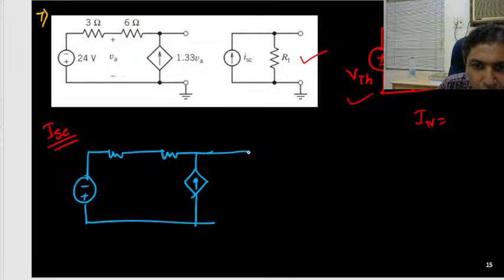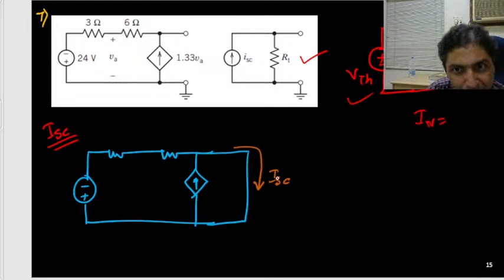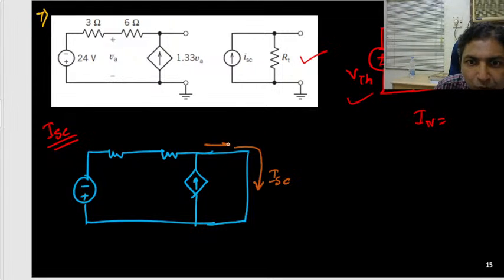So I need to make it shorted. And be careful, we need to assign a current downward. That current is ISC, because this is the current flow, and this is the current flow here, ISC. Left to right is the important thing. Upward, downward is not important. What is important is that the current flows from left to right.